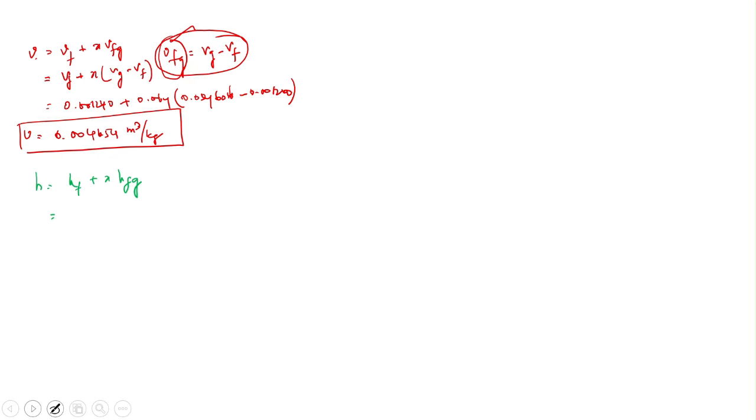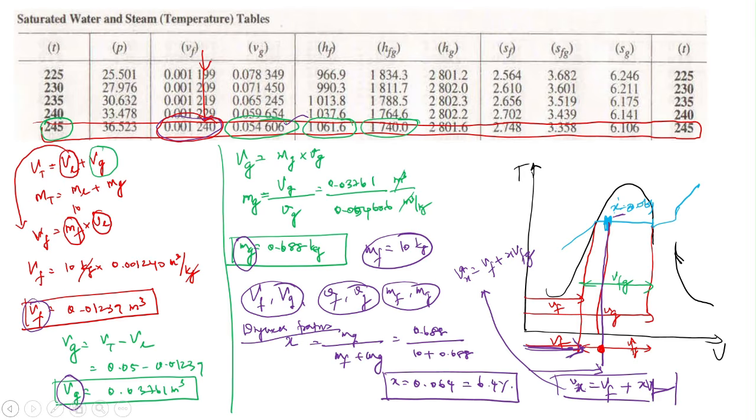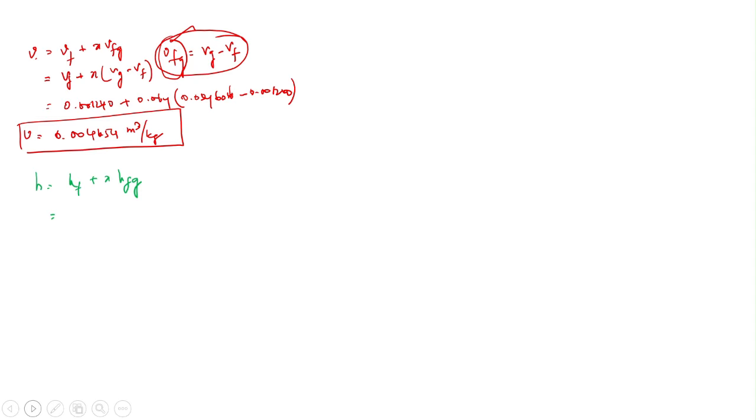H is equal to 1061.6 plus x, which is 0.064, into Hfg, 1740. After substituting this value, you get H equal to 1172.77 kilojoule per kilogram.